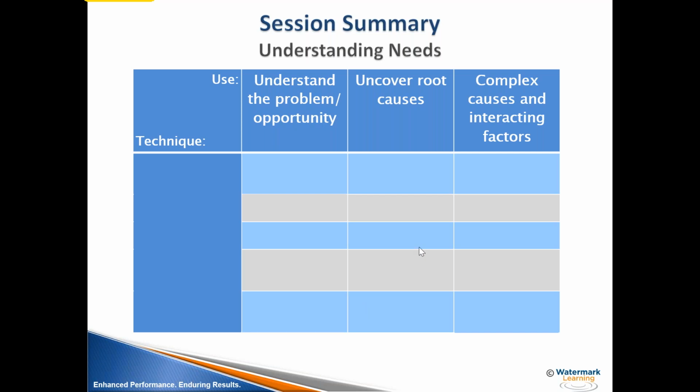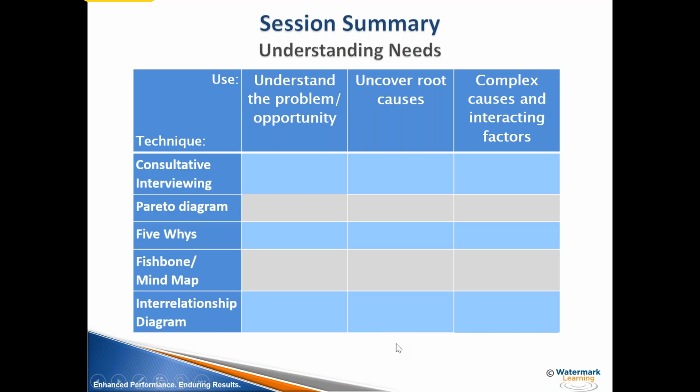So given the different tools, there is one in particular that's the most useful, perhaps, for understanding the problem or opportunity. Okay, let's take a look at the 5 different types. Consultative interviewing, Pareto, 5 whys, Fishbone mind maps, or interrelationship diagrams.